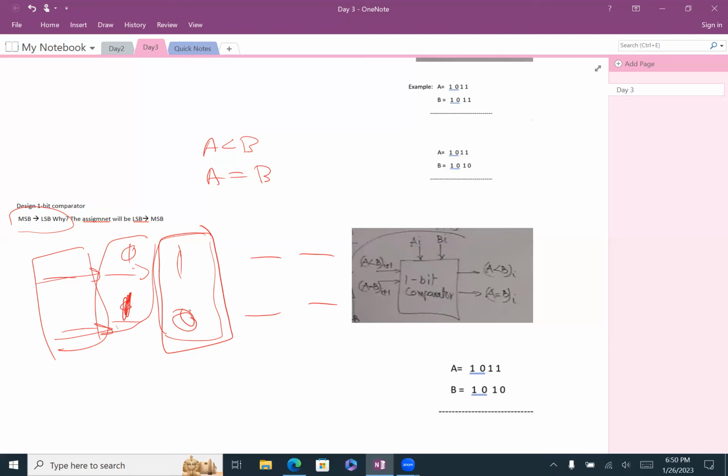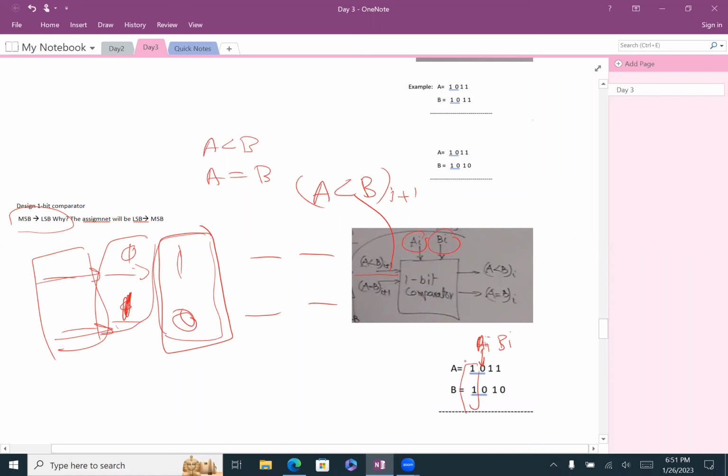So what you need is A and B, and the signal is going to be A minus B. And if you see here, what we say is A minus B of I plus 1. Why? Because this stage is called I. So at this stage, it's going to be A of I and B of I, correct?